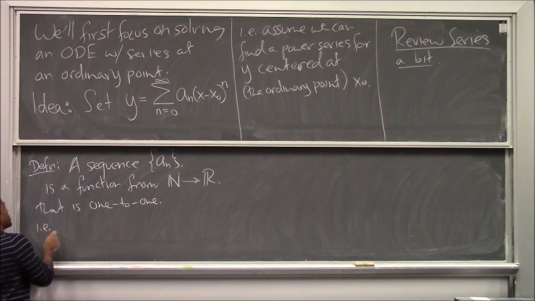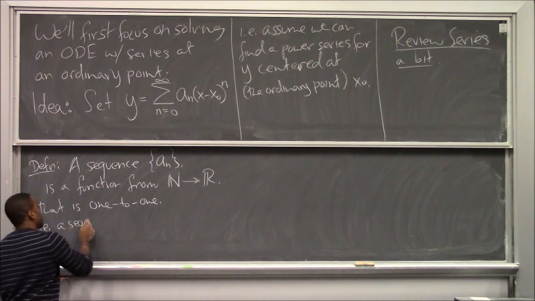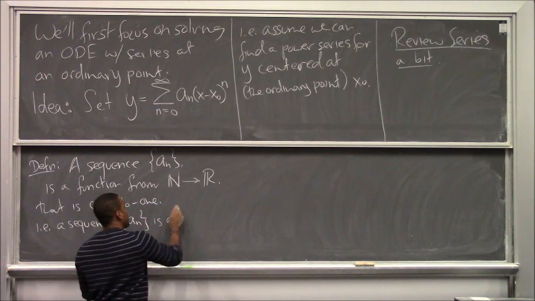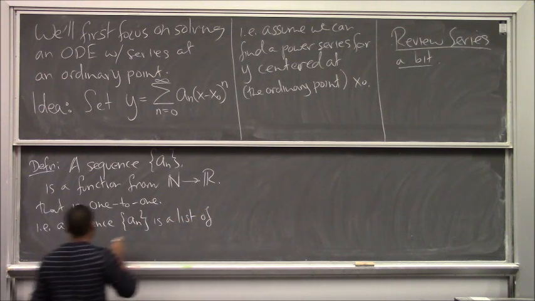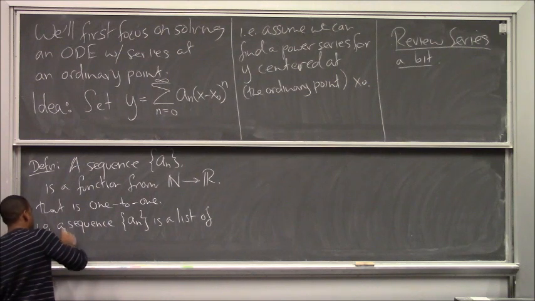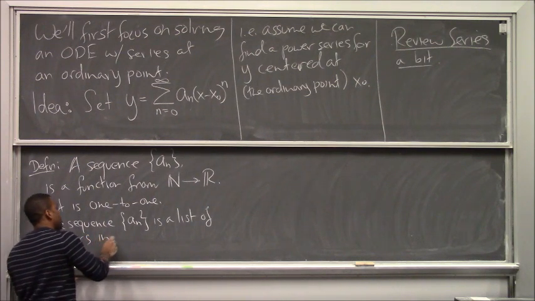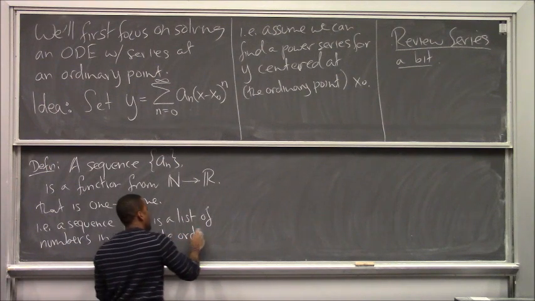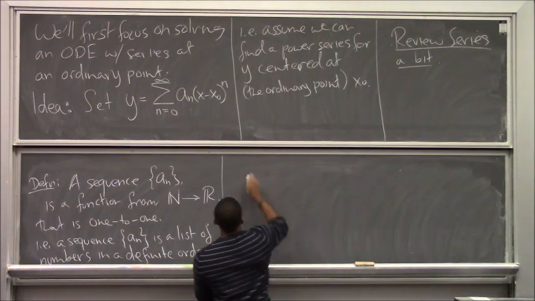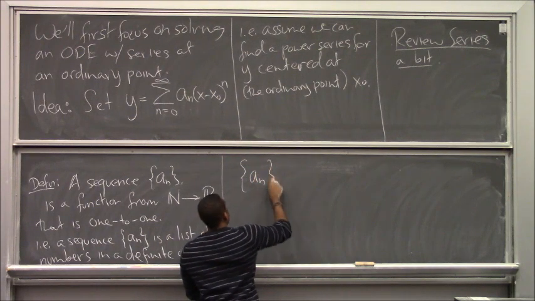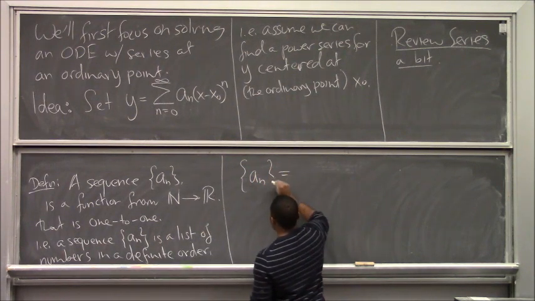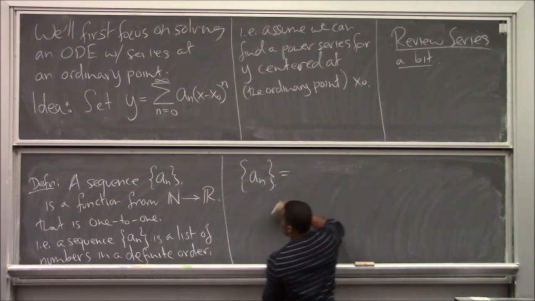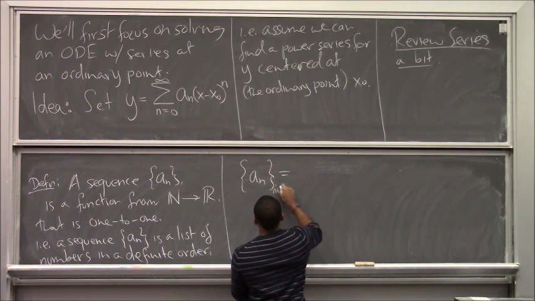Another way you can look at this, a sequence a_n is a list of numbers in a definite order. If I list {a_n}, with squiggly brackets for a set, you can think of this as just a list where n is in the natural numbers.